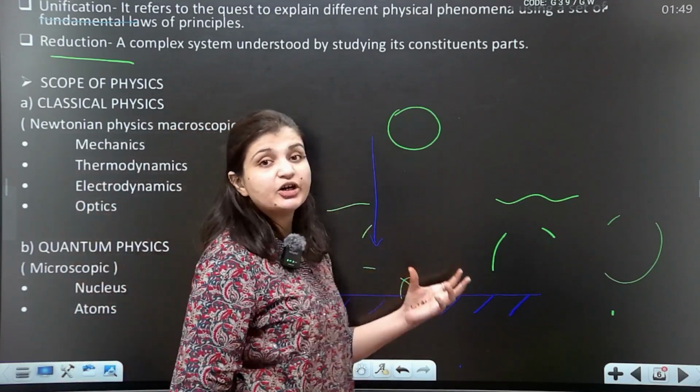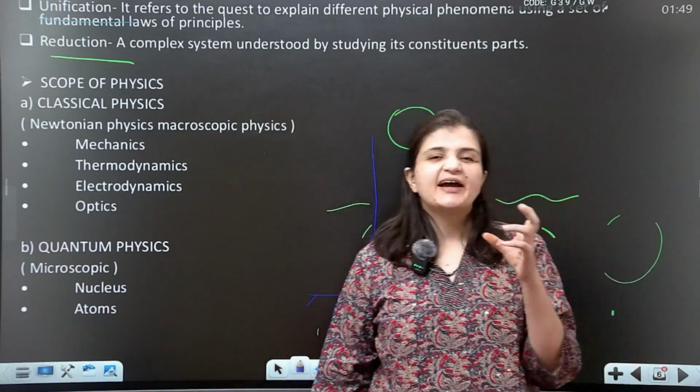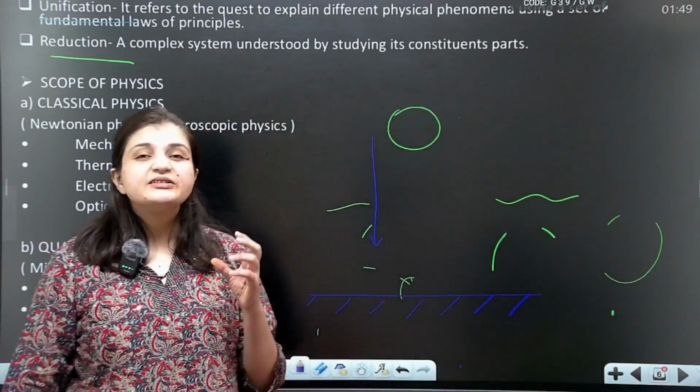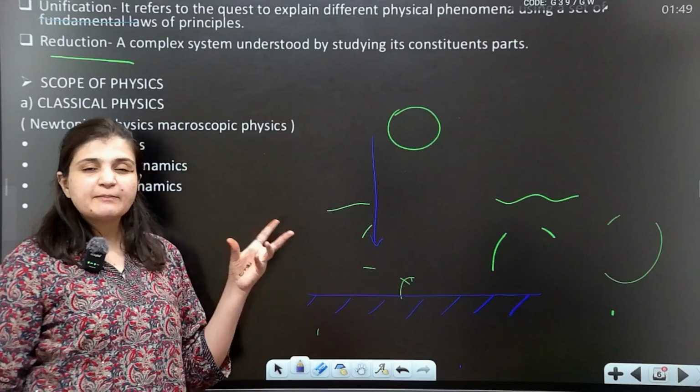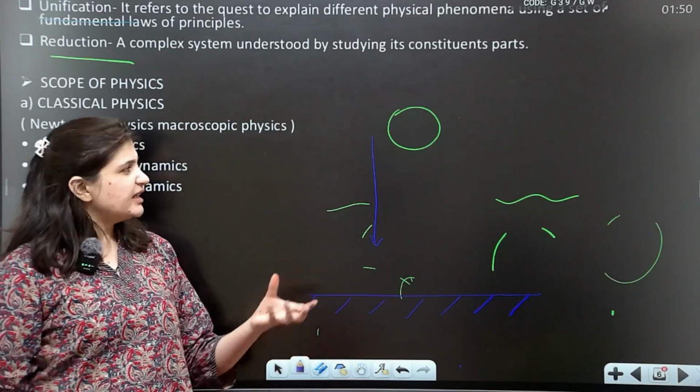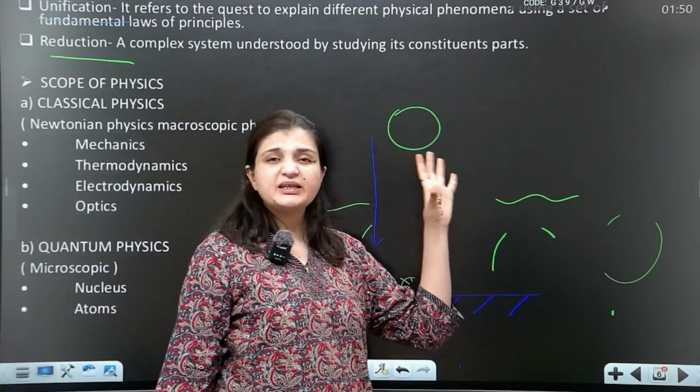When we drop this object, if we look at it in nature, this object has many complications.